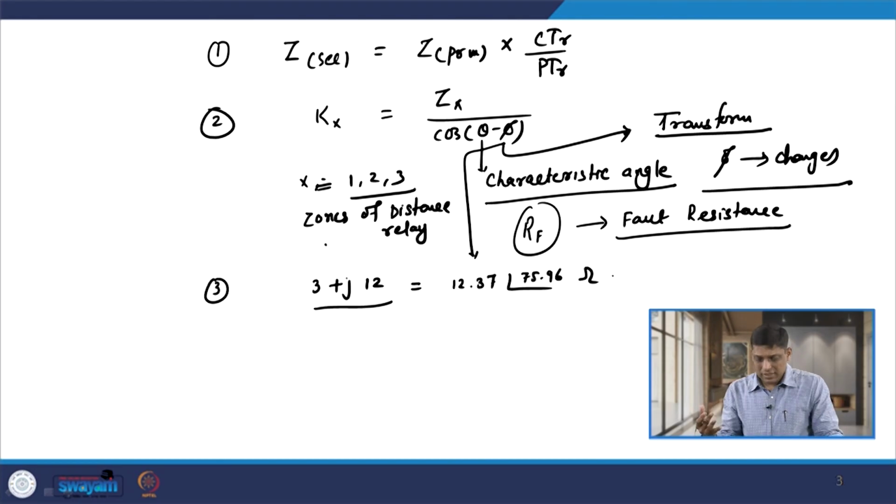Now, let us say we are utilizing a Mho characteristic with characteristic angle theta equal to 65 degree.